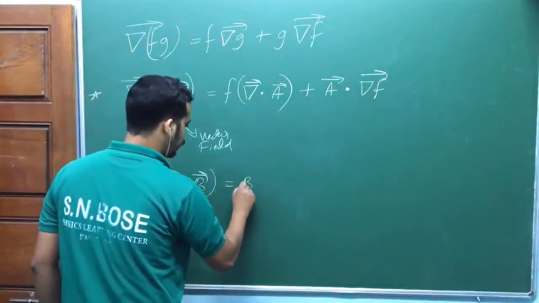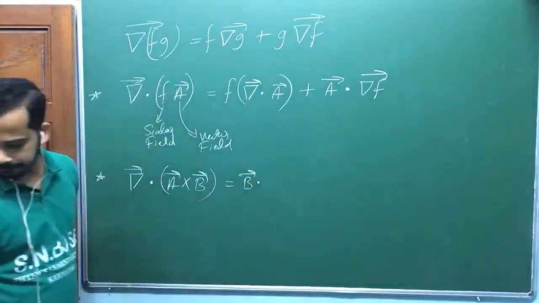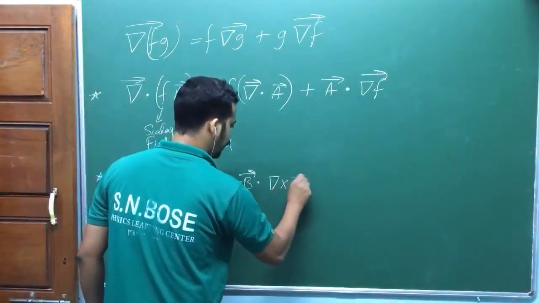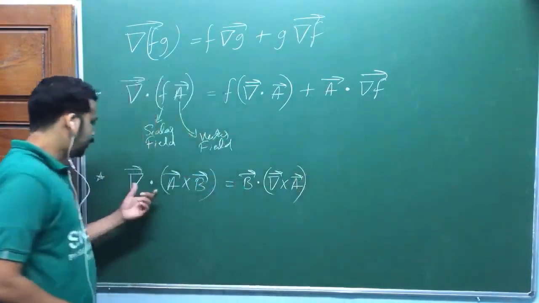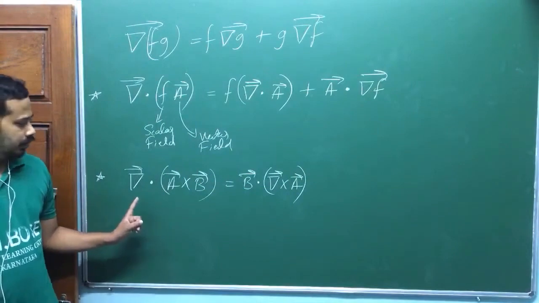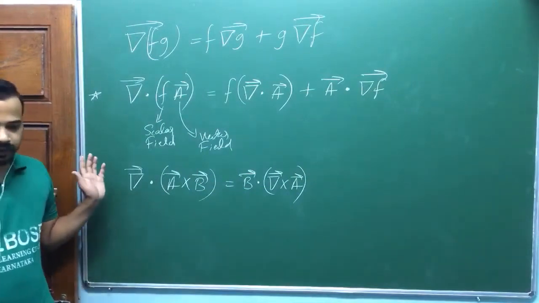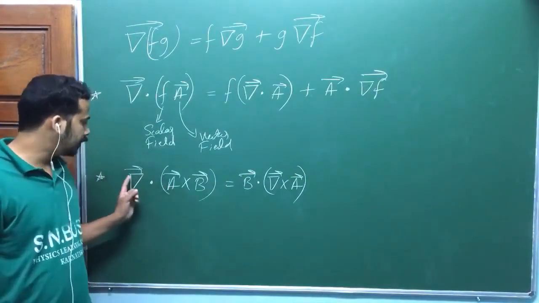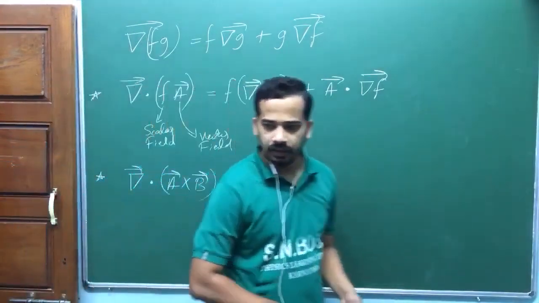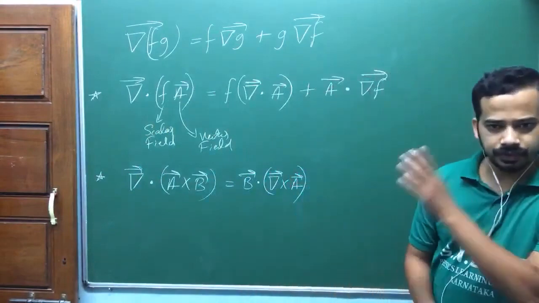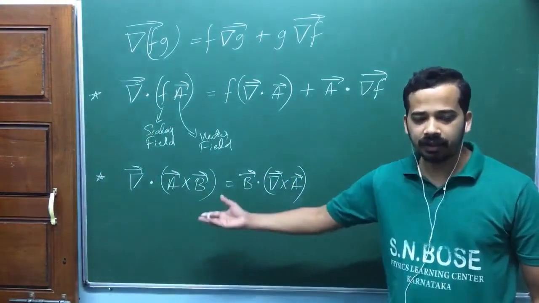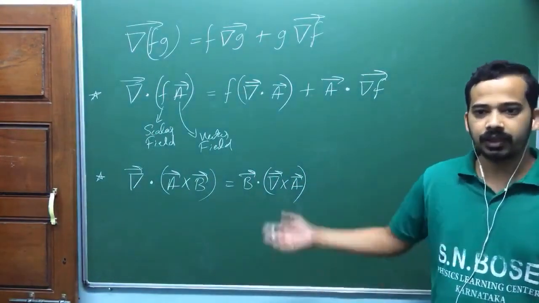So it is B dot del cross A minus A dot del cross B. Speak out, divergence of A cross B. It's not a triple product. Look at it, it's a kind of derivative. Earlier we have seen divergence and curl as a dot product and cross product, isn't it? But if you see that one actually, there's a derivative. Are you getting the point? It will not give you a number, just like a scalar triple product.